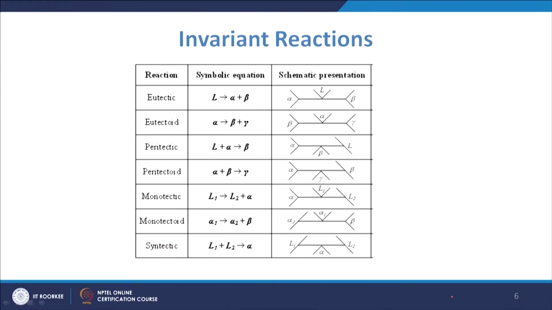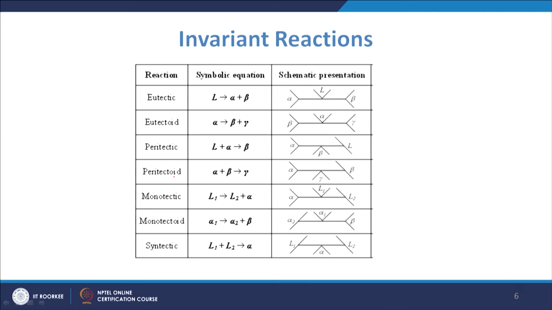If you look at the phase diagrams, these are the different invariant reactions which take place at a particular temperature. You have the different invariant reactions like eutectic, eutectoid, peritectic, peritectoid, monotectic, monotectoid and syntectic. So, mostly you will normally be looking at the first 5.